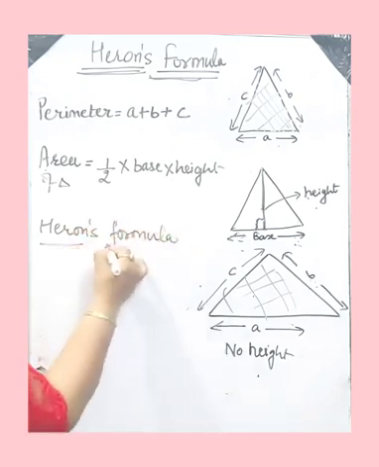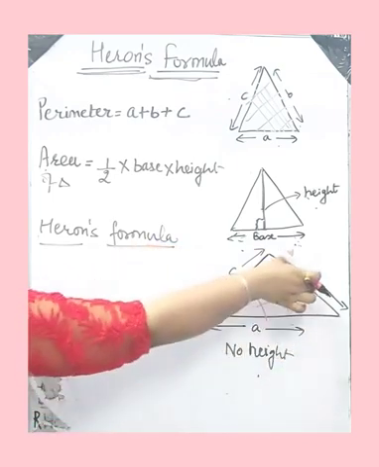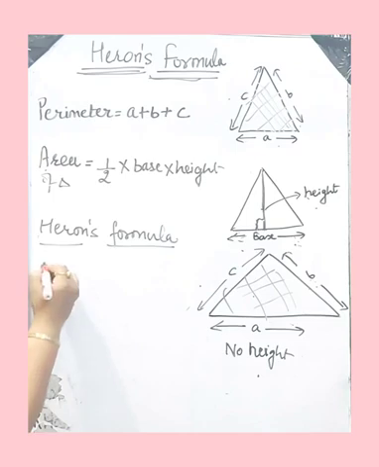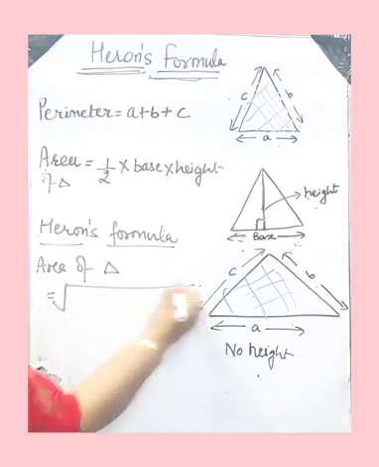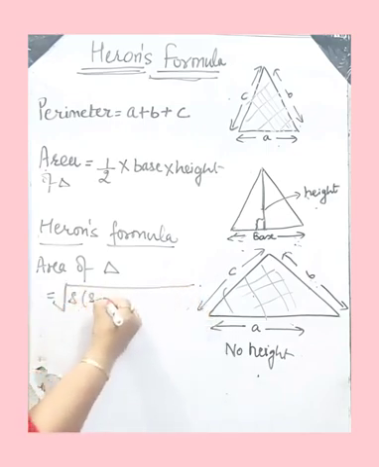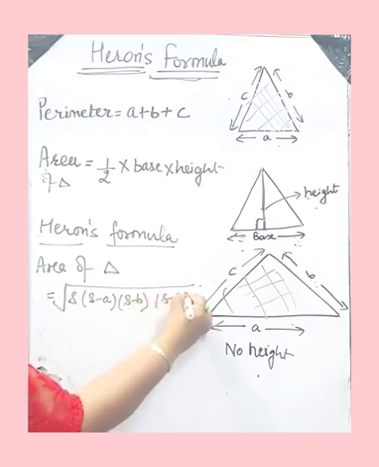Heron's formula is used for all types of triangles whose lengths of sides are given. Area of triangle equals under root s times s minus a, s minus b, s minus c.